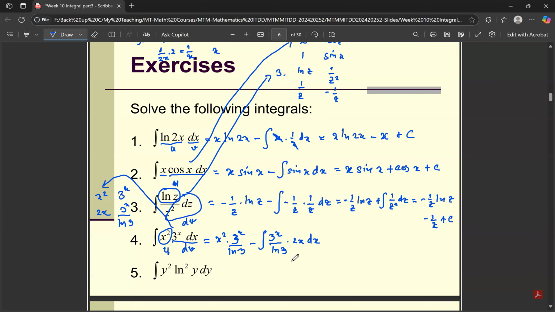So in this case, we have another integral.